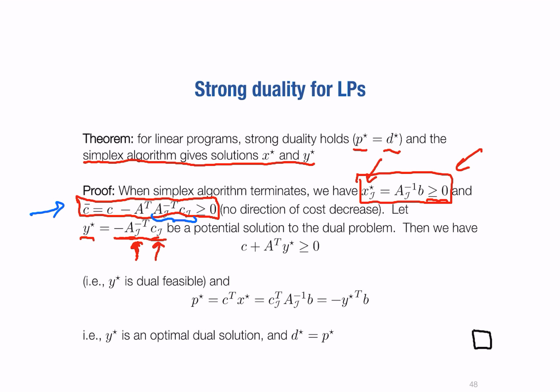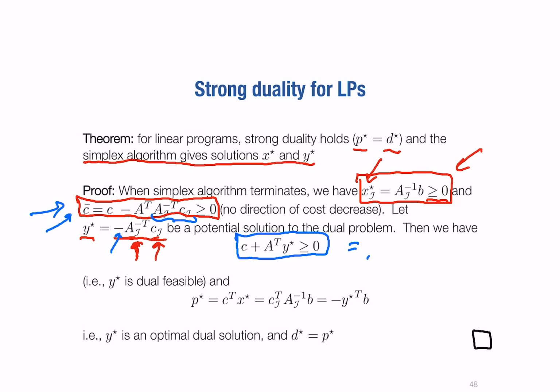So if we define y like that, then our optimality condition, or the fact that we terminated the simplex algorithm, really just means, I'm just rewriting this now, that c plus A transpose y is less than or equal to 0. Remember we're defining y to have a negative sign here.